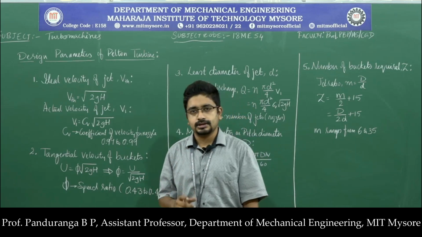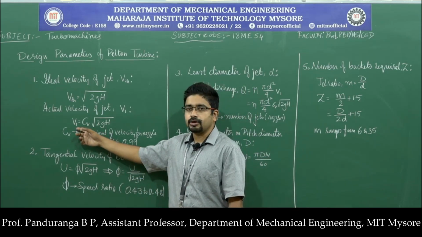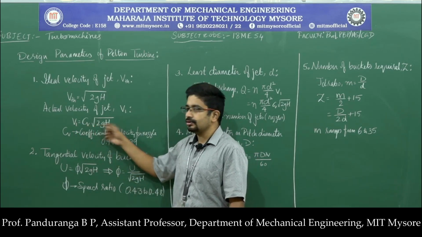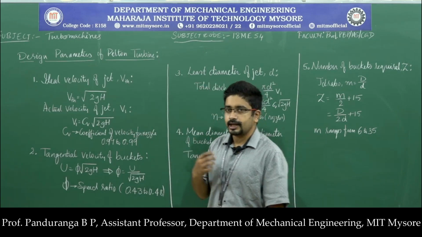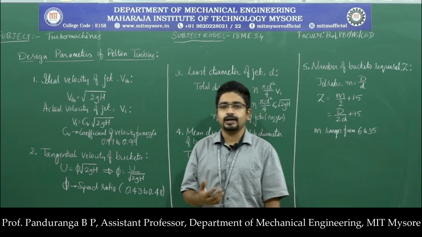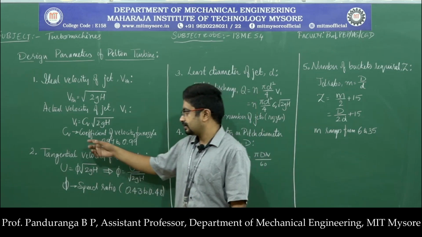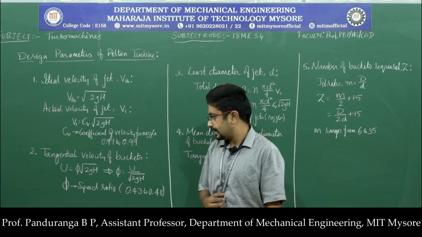If you consider those losses also, then the velocity of the water jet coming out of the nozzle is given by Cv into root of 2gh, that is V1. The absolute velocity at the inlet and the tangential component of the absolute velocity are both the same in this case for the Pelton wheel or Pelton turbine, given by Cv into root of 2gh.